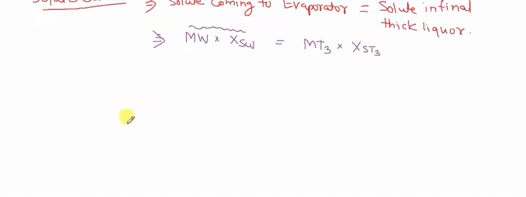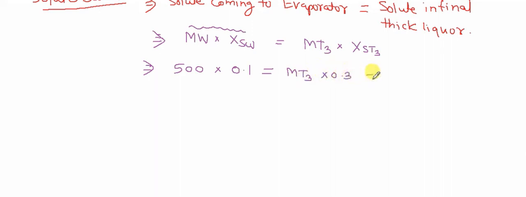Okay, so these values are given to us, you just have to substitute them. We know this MW value is 500. Fraction of solute in weak liquor is 0.1, that is equal to MT3 into 0.3.